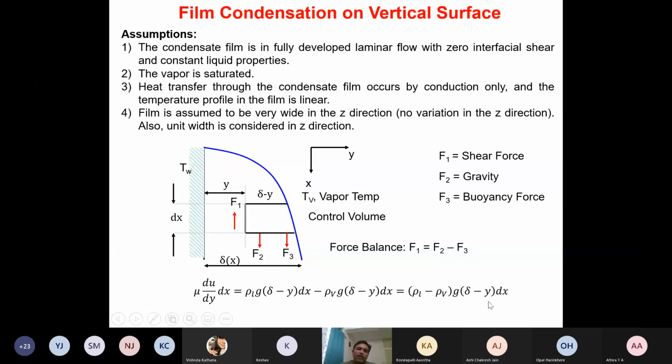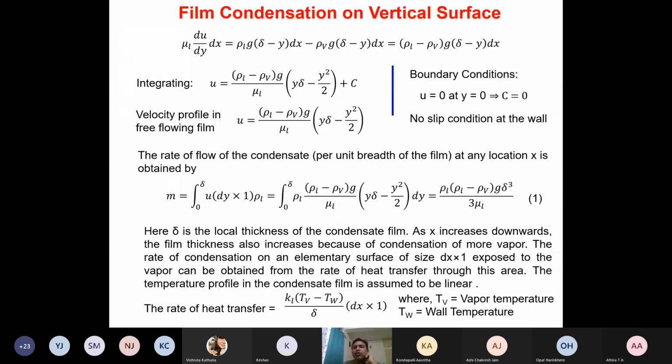Okay. Now, from this particular equation, we can integrate it to calculate the velocity profile at any location y, isn't it?